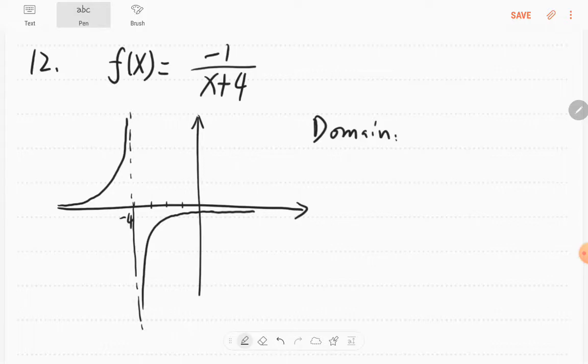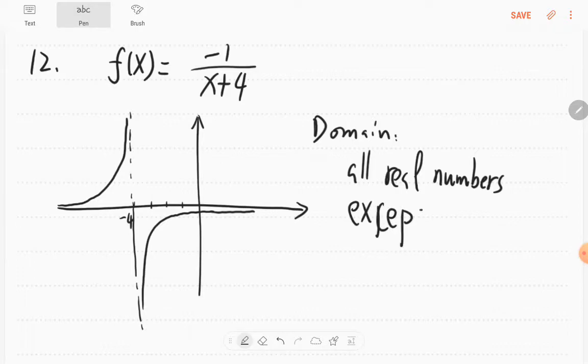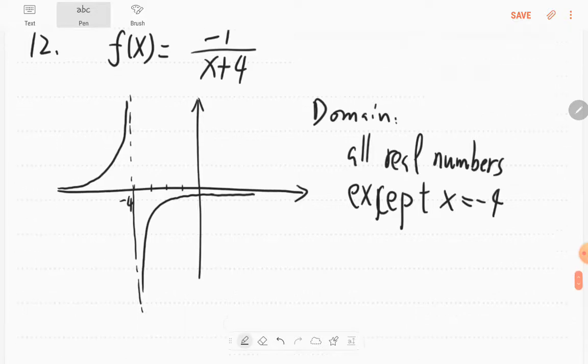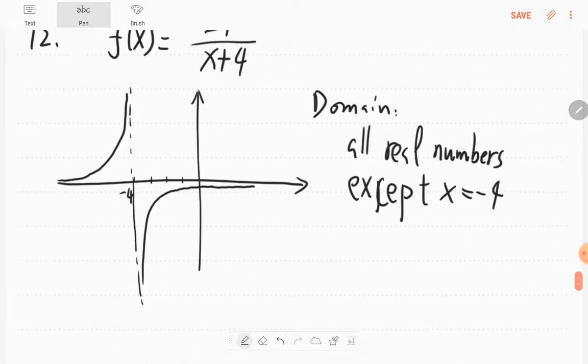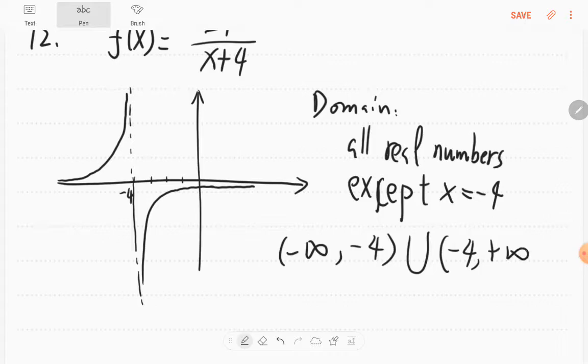So the domain would be all real numbers except x equals -4. If you want to use the interval notation, it would be -infinity to -4 union -4 to positive infinity, right?